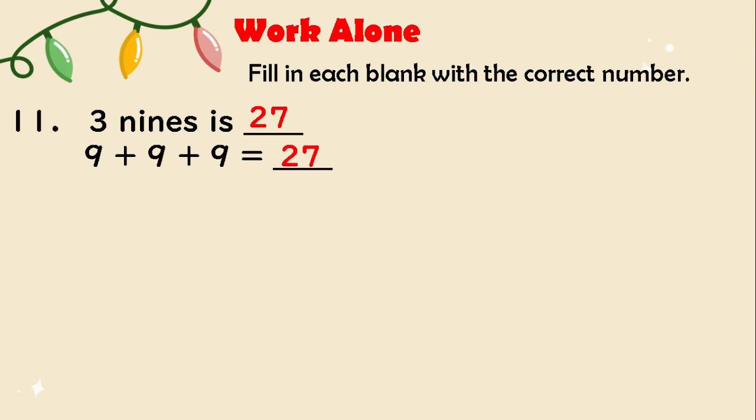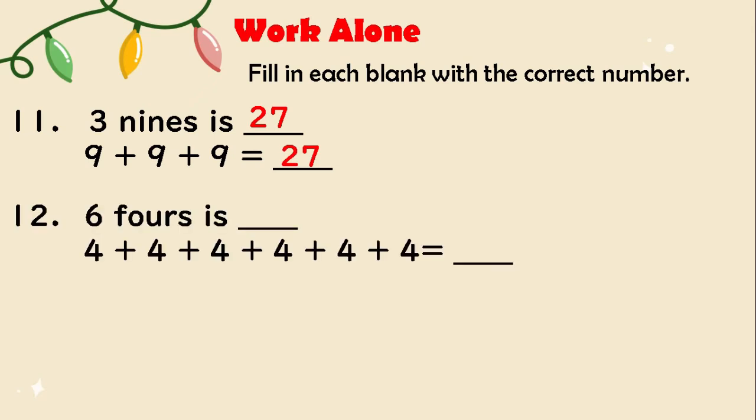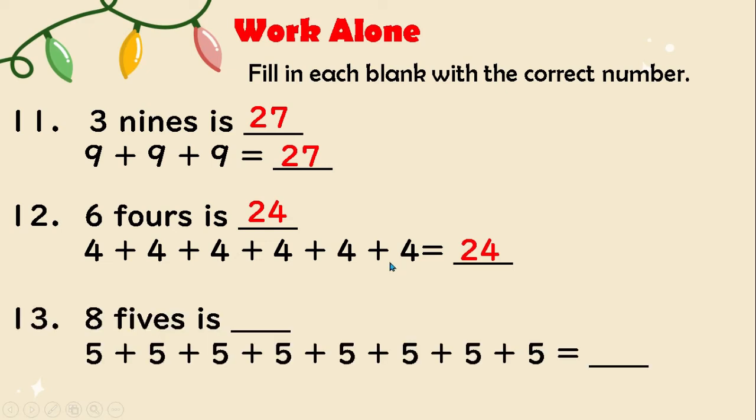Very good. For number 12, 6 fours is blank. The answer is 24. So for the addition sentence, 4 plus 4 plus 4 plus 4 plus 4 plus 4 equals 24. Very good.